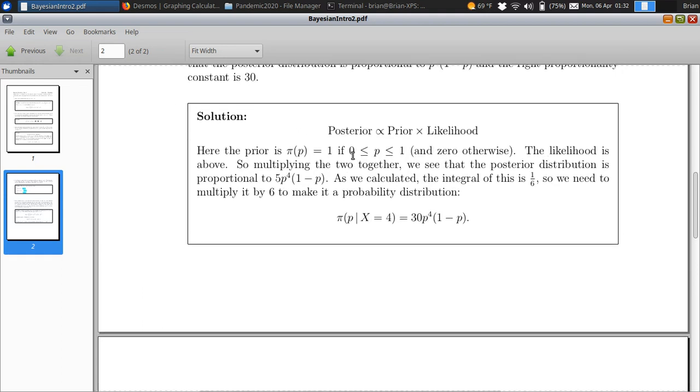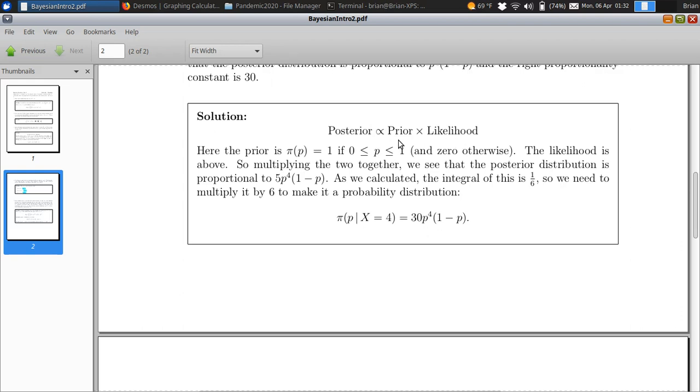And so here's my solution. I just say, okay, we know that the prior is the constant function 1 as long as we're between 0 and 1. And the likelihood is the same as what we just calculated. So multiplying prior times likelihood to get the posterior, we're just getting the likelihood function. And then the rule in Bayesian statistics is that your posterior function is directly proportional to, that's what the symbol means, the prior times the likelihood.